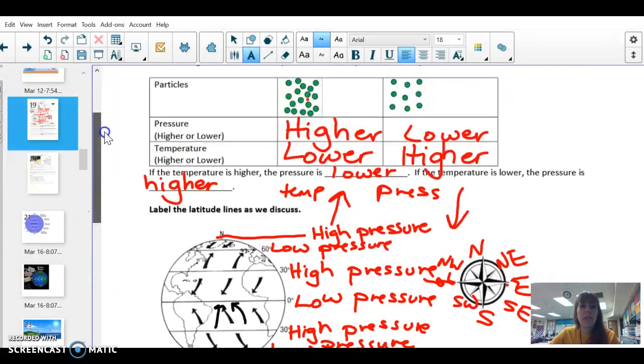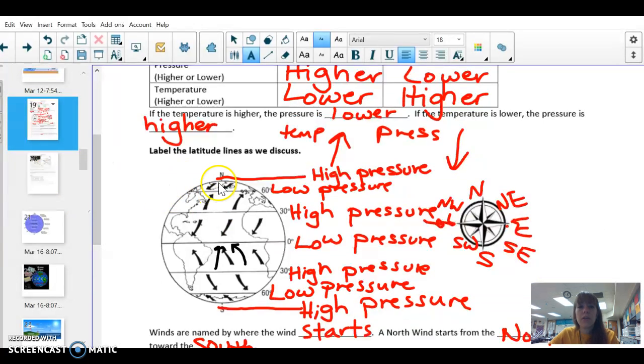Now, all of these have different names. These winds that we look at, they're coming from the poles and mostly from the east, so we call these the polar easterlies. These ones right here, they're mostly starting in the west, so we call these, and these down here, the prevailing westerlies.